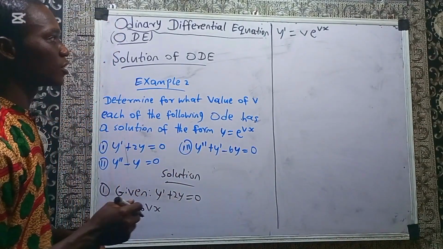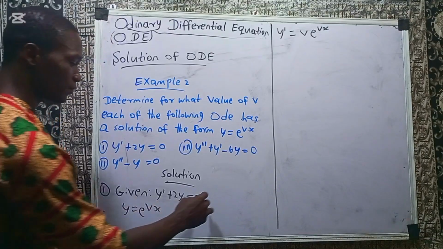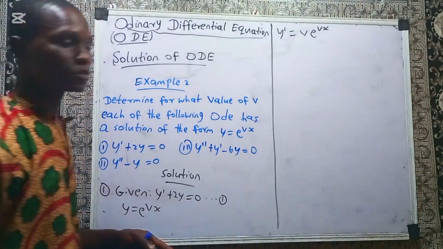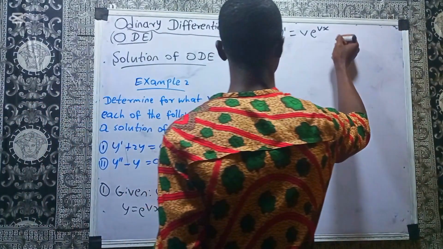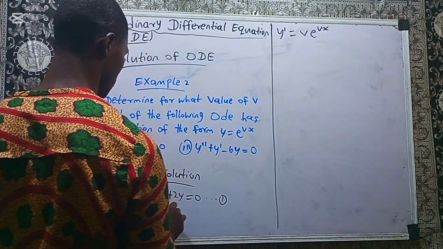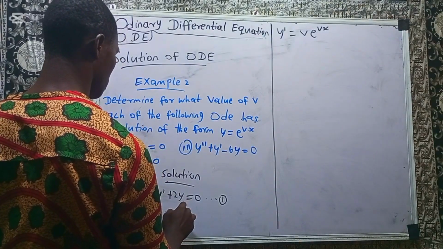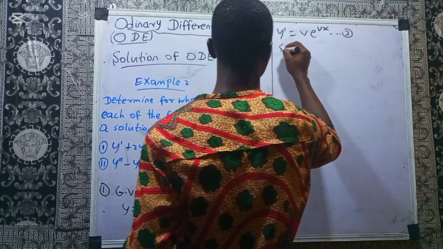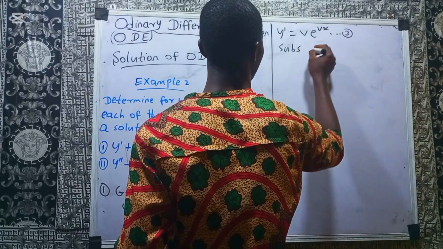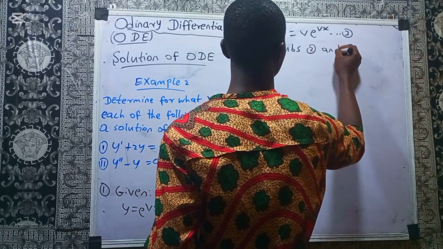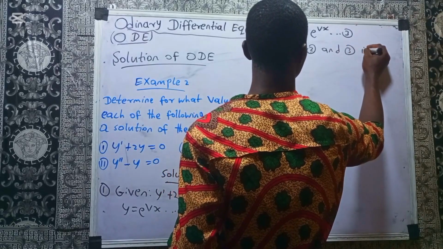So when you have done that, we can now substitute. Let me call the given equation 1, this one equation 2 and this one equation 3. So substitute equation 2 and equation 3 in 1.